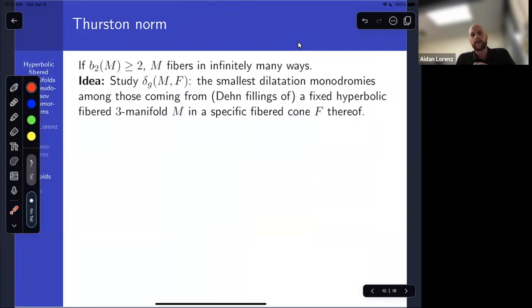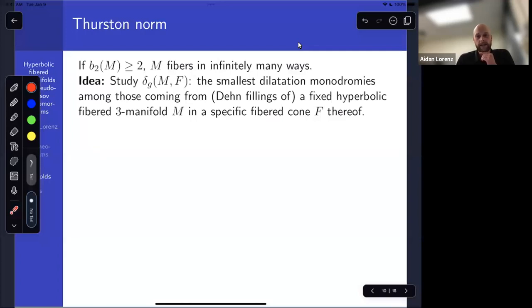If you're looking inside a fibered cone, as we saw on the last slide, every integer class represents a fibration. Maybe some of the monodromies are on surfaces of genus G. Among those coming from surfaces of genus G, you pick out the smallest dilatation one. That's what this quantity delta G MF is.